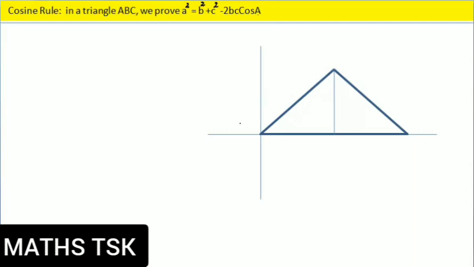Others we can prove in a two-dimension plane. So I consider this as the origin. Origin is nothing but A. Next this as B.